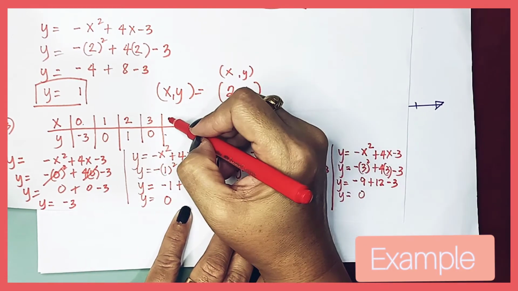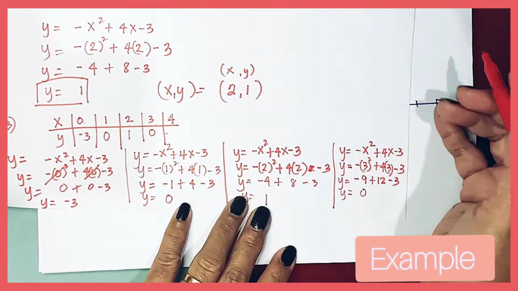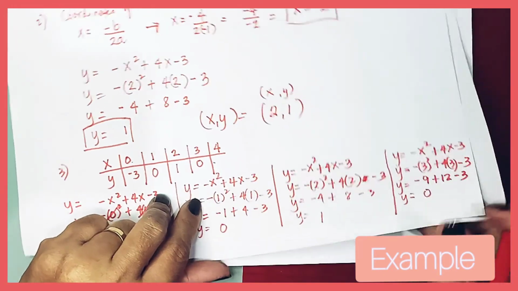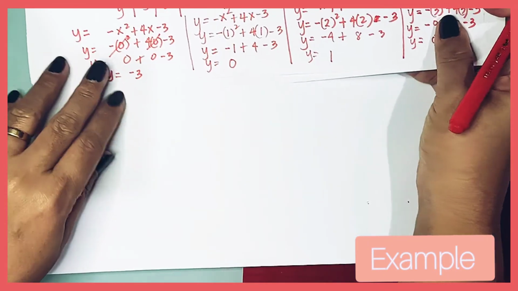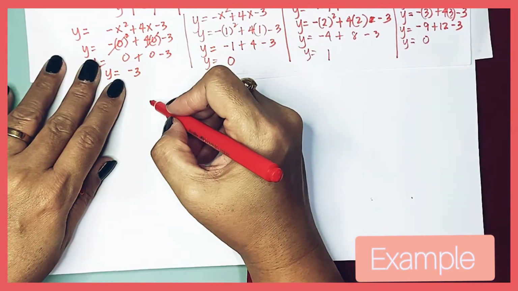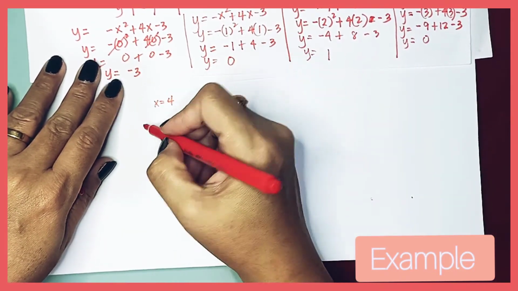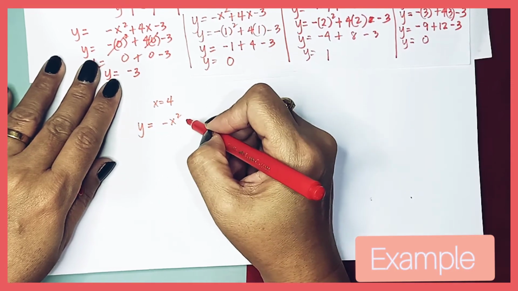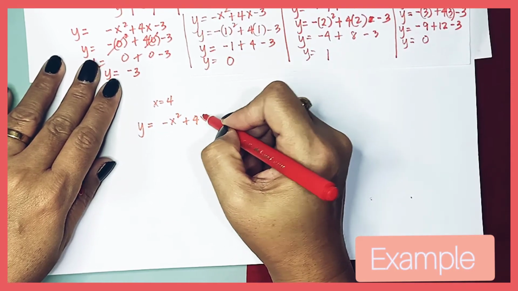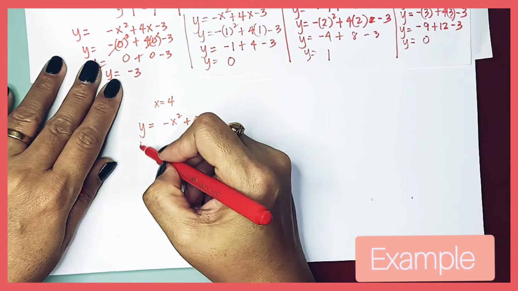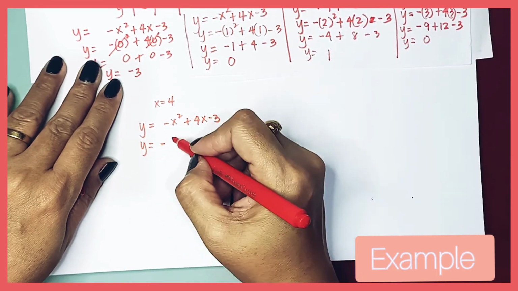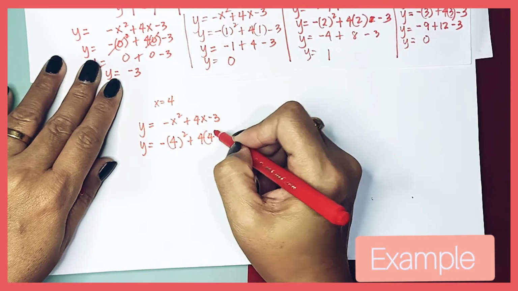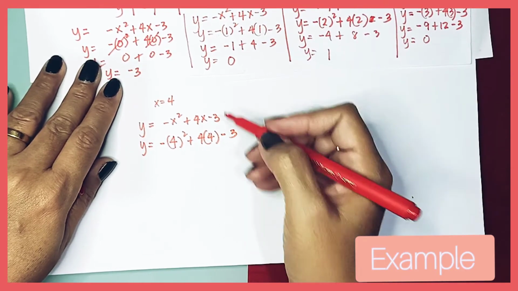Now let's try another value of x. If x is equal to 4, let's substitute: y is equal to negative x squared plus 4x minus 3. So you have y is equal to negative 4 squared plus 4 times 4 minus 3.